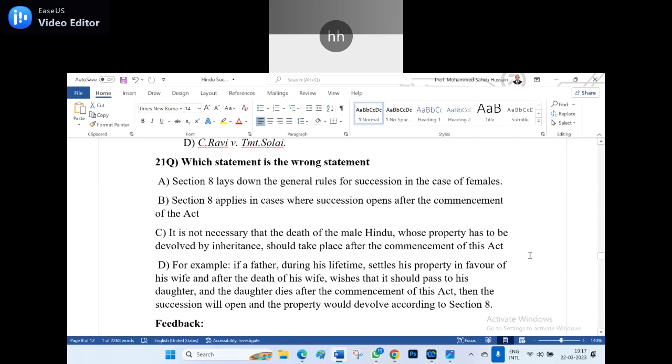D. For example, if a father during his lifetime settles his property in favor of his wife and, after the death of his wife, wishes that it should pass to his daughter, and the daughter dies after the commencement of this act, then the succession will open and property will devolve according to Section 8. Which one is the wrong statement among A, B, C, D?